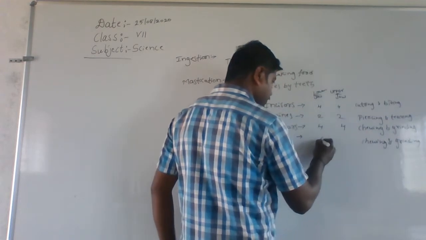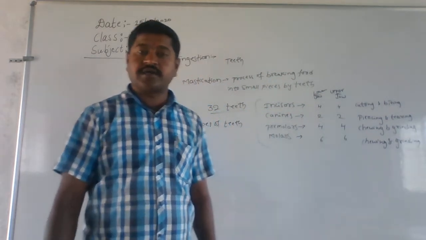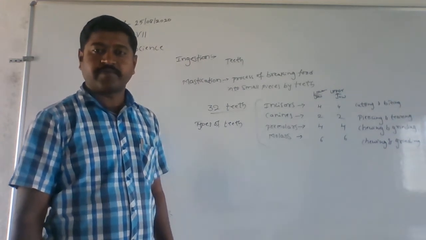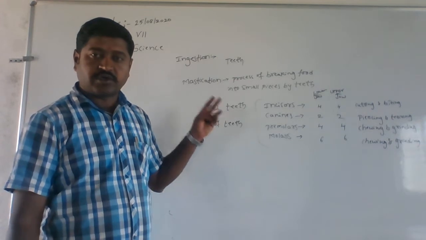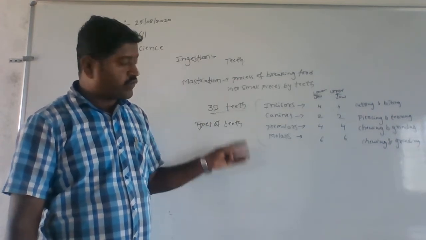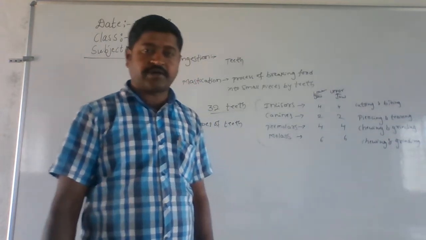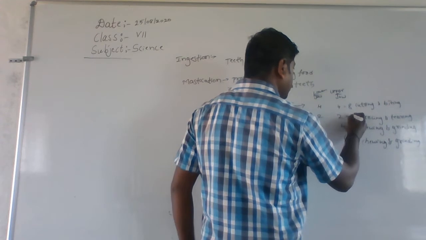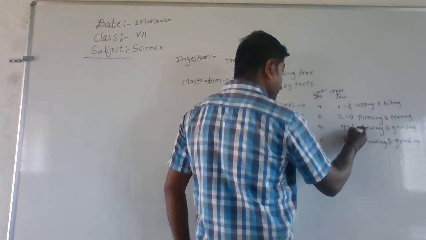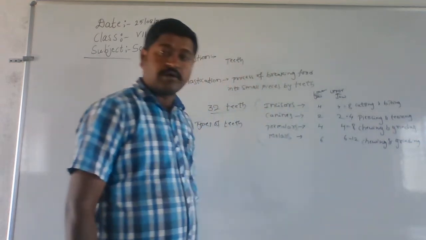Then we have 6 molars on the lower jaw as well as the upper jaw. So we have 4 incisors, 2 canines, 4 premolars and 6 molars on each jaw. Means in total we have 8 incisors, 4 canines, 8 premolars and 12 molars.